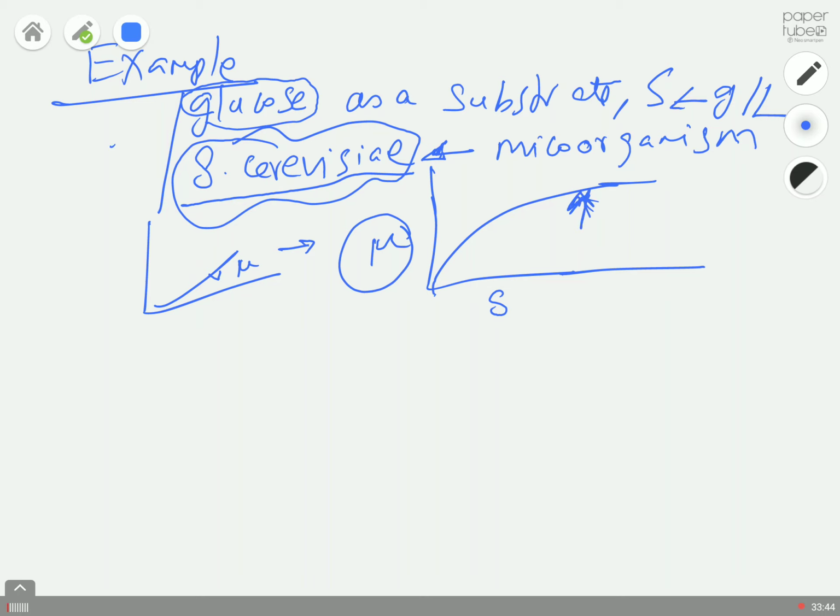So coming back to this problem, we are going to take some glucose, use some microorganism, and convert them into some products. But for the moment we have some data related to substrate concentration, in grams per liter.